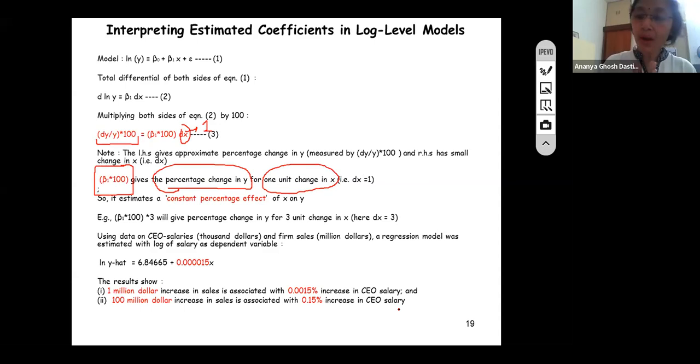So this is where you get the background from. Now here I have another result for you to interpret. Suppose I take some data on CEO salaries. Remember, I had shown it to you. So, CEO salaries and firm sales, cross-section data. I have data on, let's say, 500 firms.